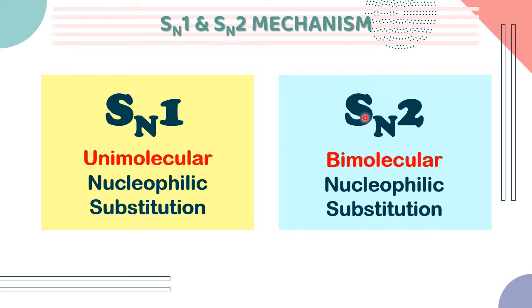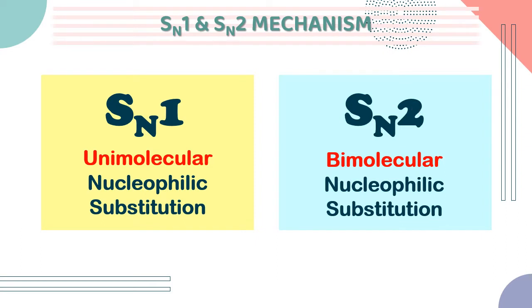Again, the S is substitution, N is nucleophilic, and 2 is bimolecular. Why do we have unimolecular and bimolecular? Which molecule are we referring to? The unimolecular and the bimolecular refer to the slow step, the rate determining step of the mechanism.